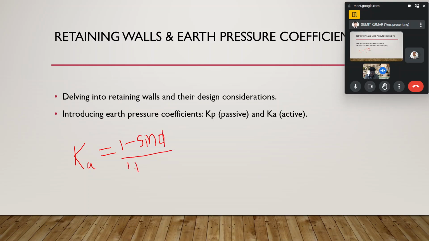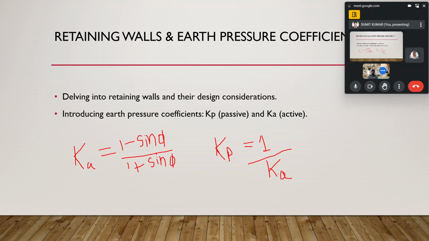Similarly, Kp is 1 by Ka. Now, the active and passive earth pressure coefficients we have talked about, and you have understood these terms very well.